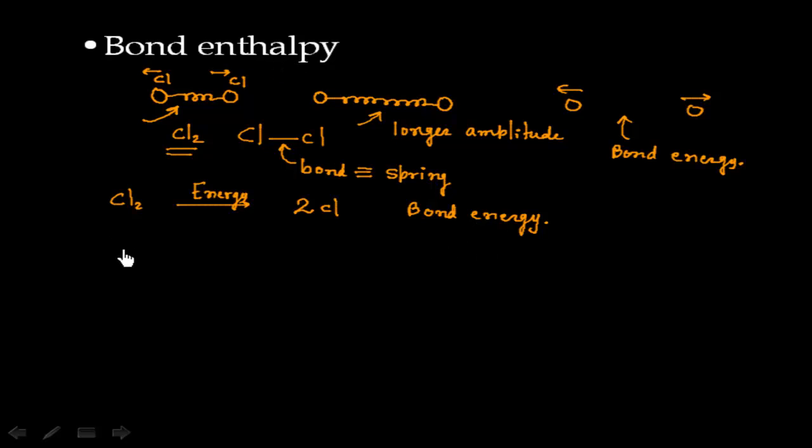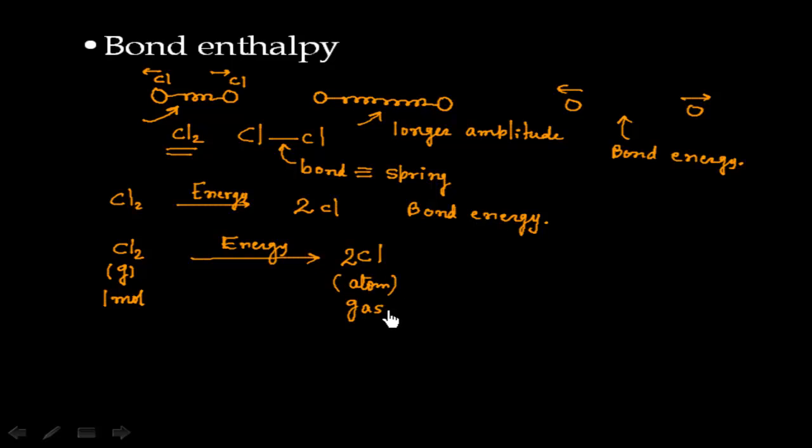Let us say I have a gaseous chlorine molecule, and if I take 1 mole of it and give energy, it can be converted into chlorine atoms, which are also gaseous. In this case the amount of energy required is called bond enthalpy. So we have a definition for bond enthalpy.